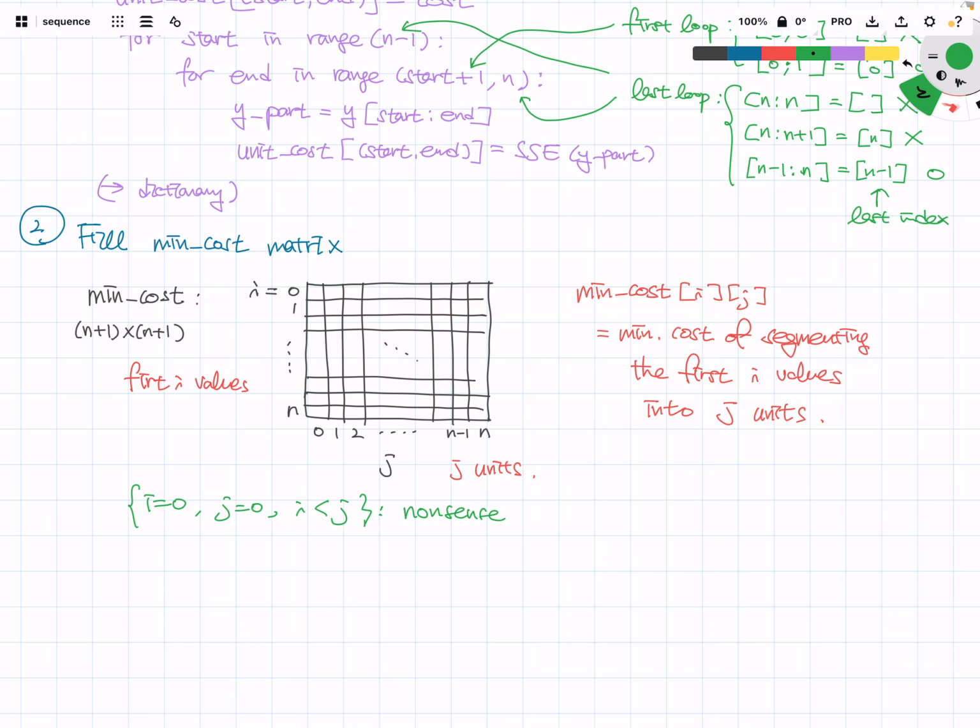So the default value of the cost is infinite, and we can see all these: i equals 0, j equals 0, and all the other areas.